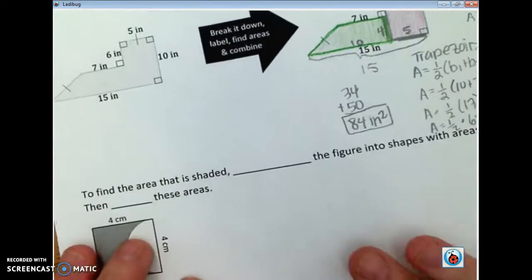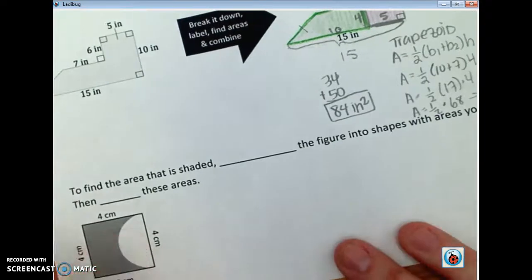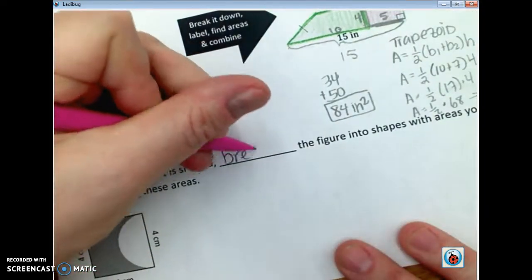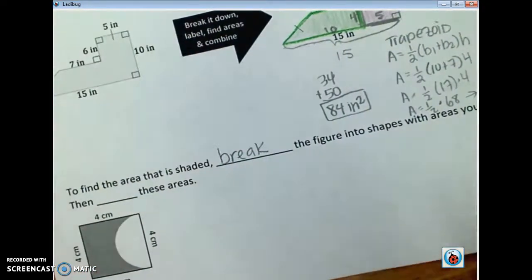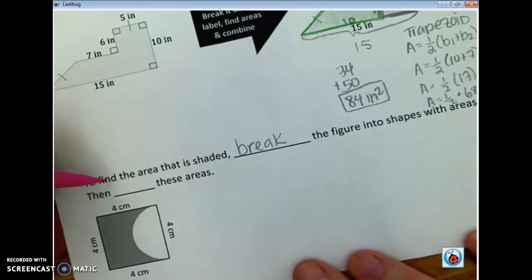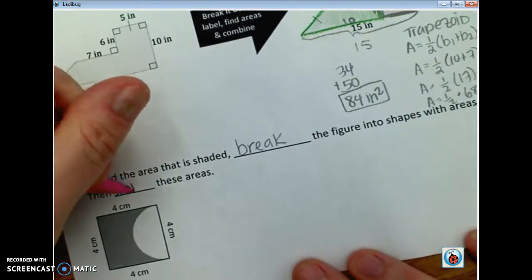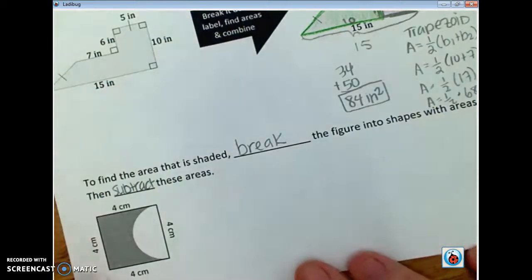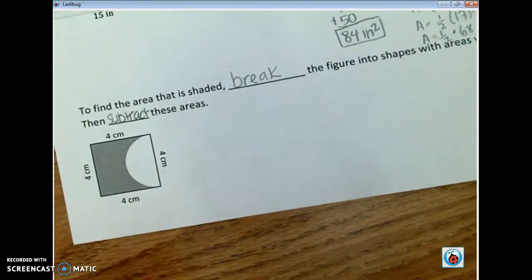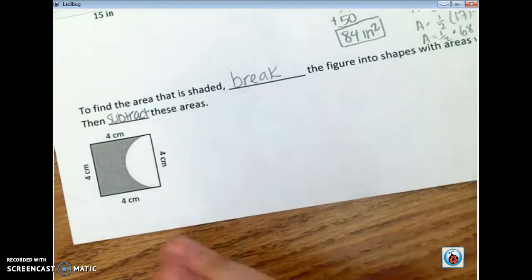So when I'm trying to find the area that is shaded, again, I want to break the figure up into shapes with areas that you know, but in this case, we are going to subtract these areas. All right? So the white is the part that's been cut out, like I just did with the scissors. So we can think of that as being cut out.